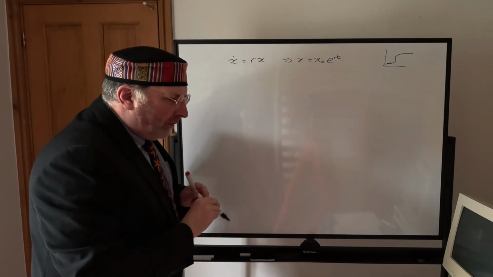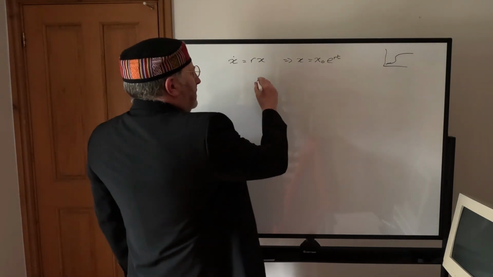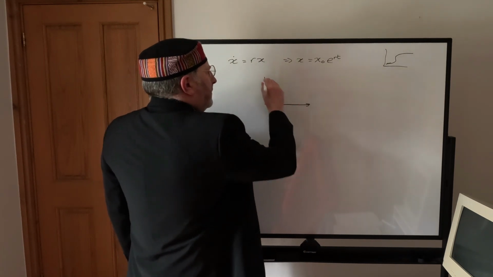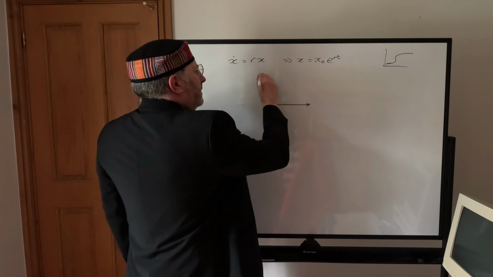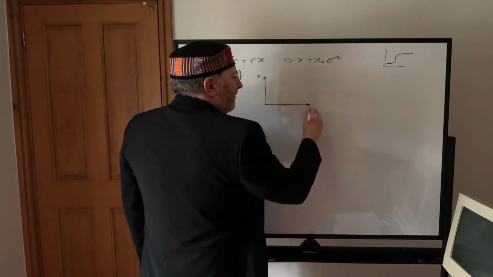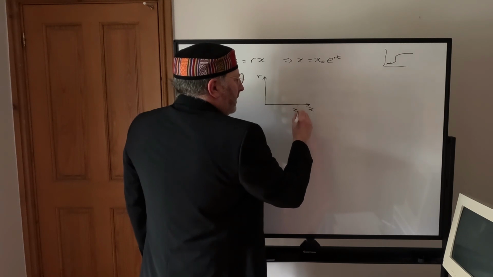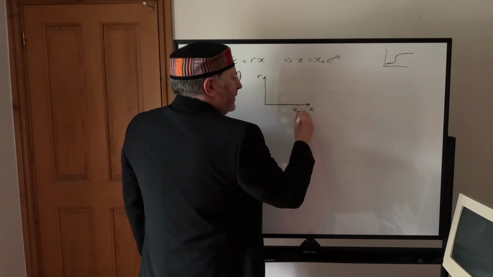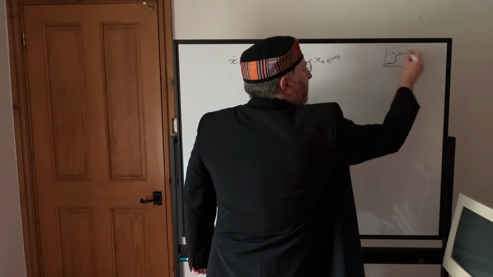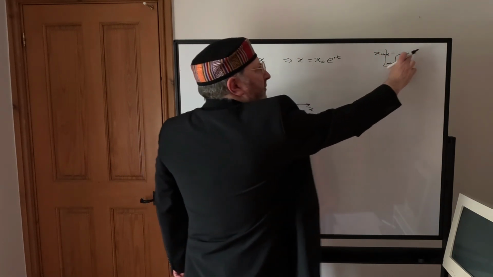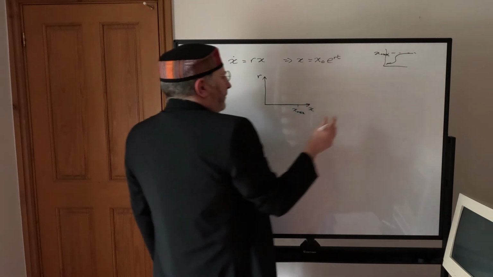So what we imagine is that the growth rate r varies with the value of x, and when x reaches its maximum, x max there, the growth rate will be 0, it stops growing.